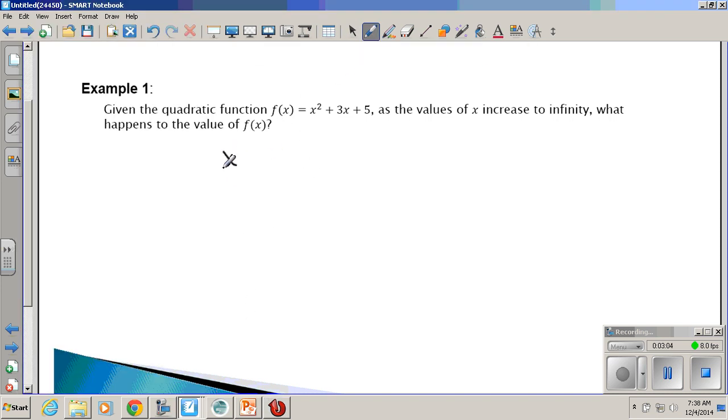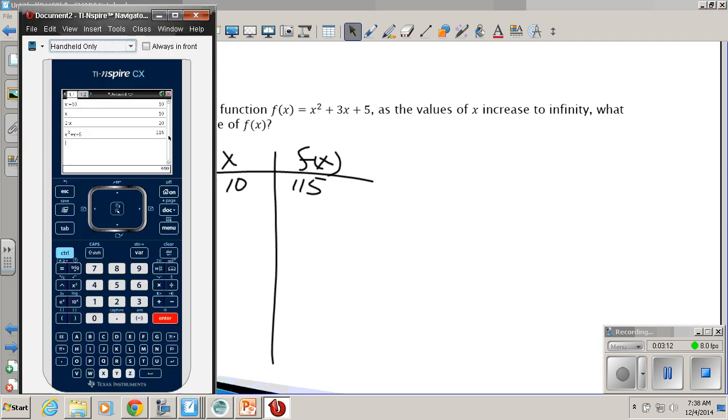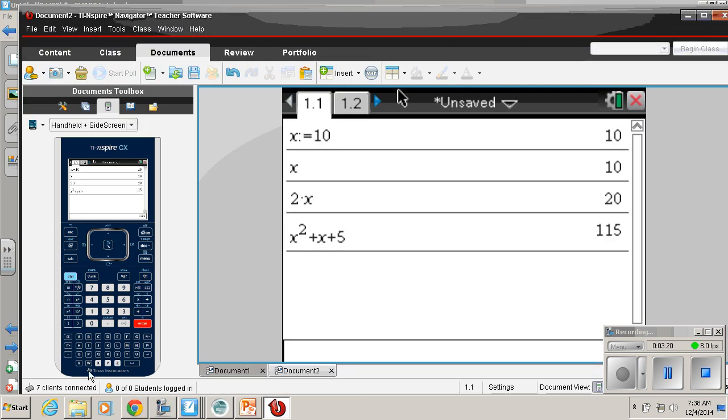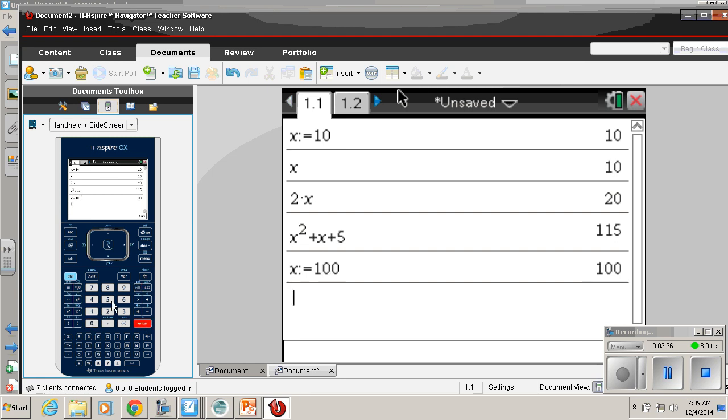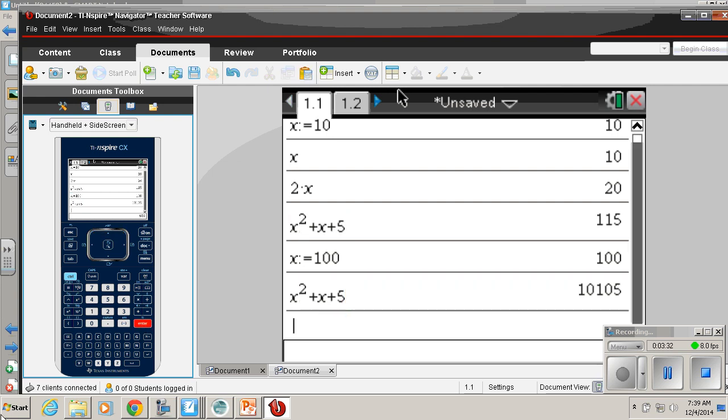Now I'm going to try a bigger x value. So let's try x is 100. Now if I go up to this and hit enter, it'll retype it in for me, so I don't have to do it again.